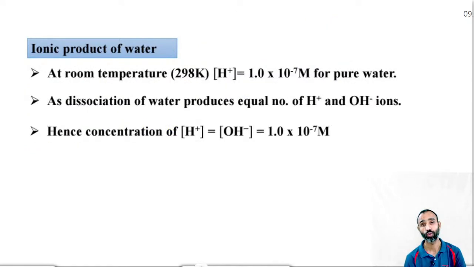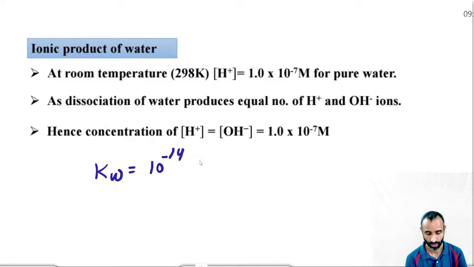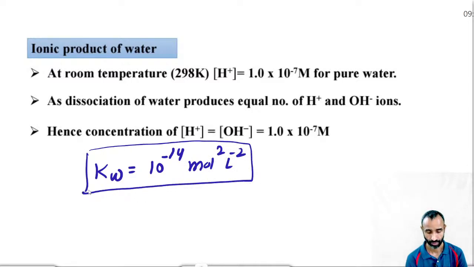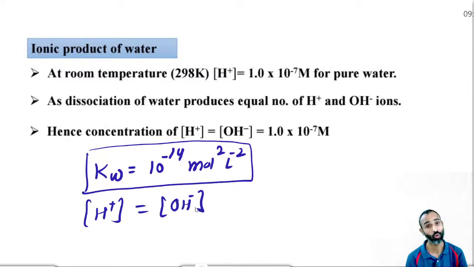Now at room temperature the Kw value is 10 raised to power minus 14 mole square per liter square. And you know, the concentration of H plus and OH negative ion is equal because H2O gives H plus and OH negative ion.